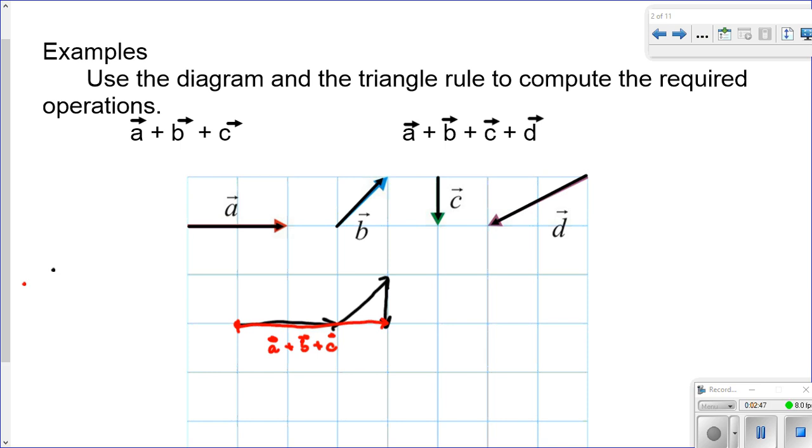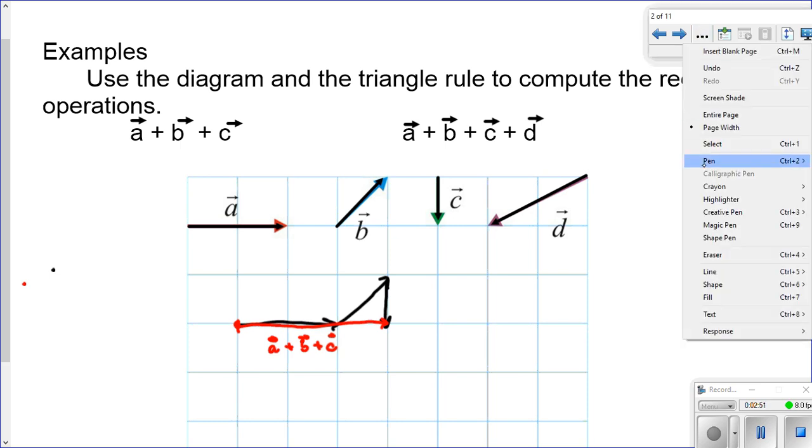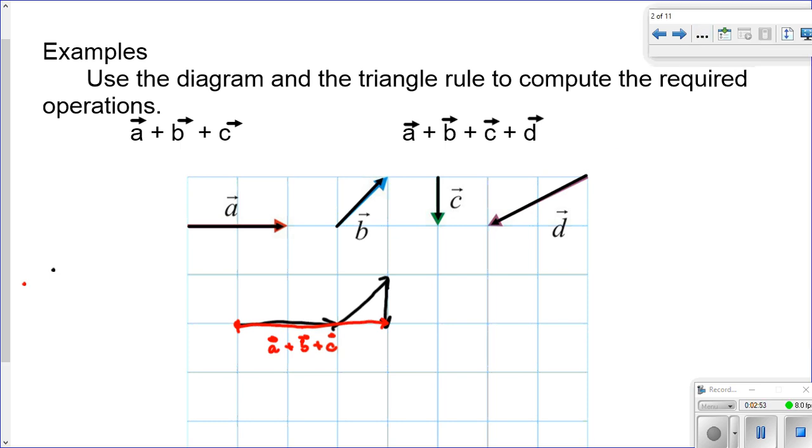I think I can probably do it here, I might have some space. So let's go back to my black screen, my black pen. So I've got A, then B, then C, and then D, and it looks like the vector D goes 2 over and 1 down. So 2 over and 1 down, and then there's vector D. So it's A, B, C, D, and those are added tail to tip.